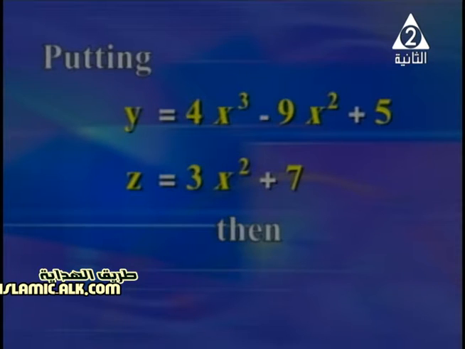Excellent student. You must understand: when we find the derivative of 4x power 3 minus 9x squared plus 5 with respect to the function 3x squared plus 7, we put y equals the first function and z equals the second function, and we find the derivative of y with respect to z. The required is dy by dz. Look, y equals f of x, z equals g of x, then dy over dz equals what?